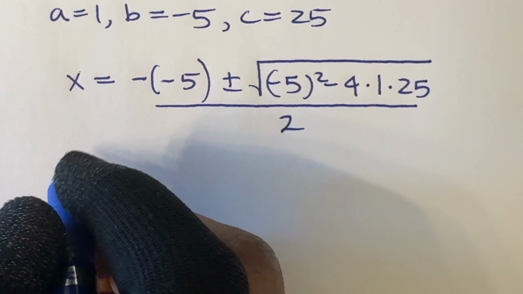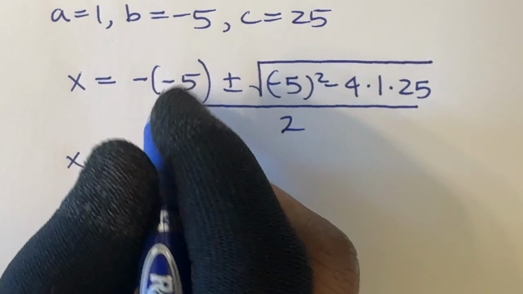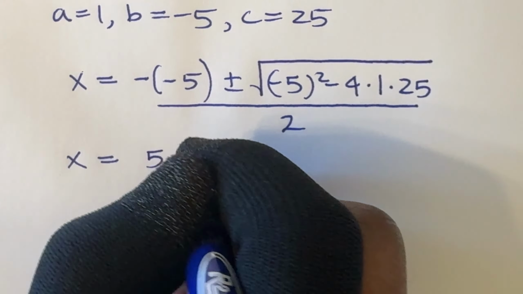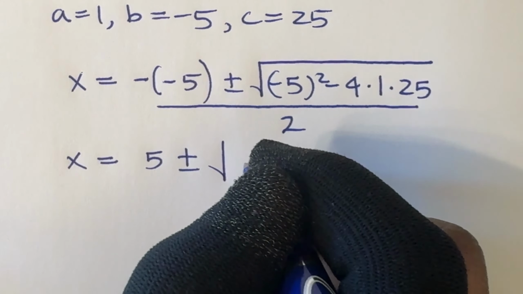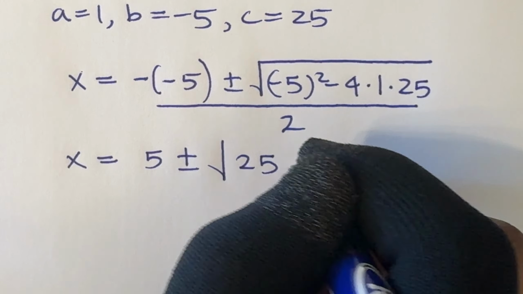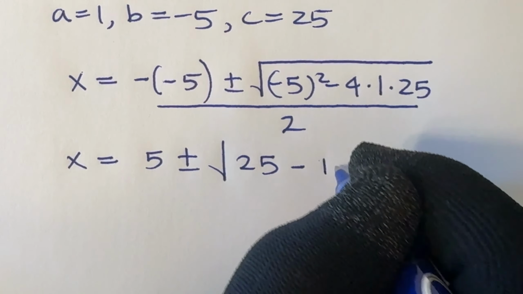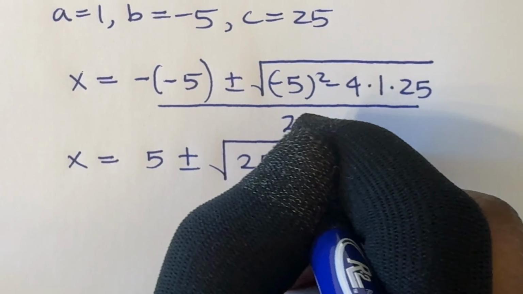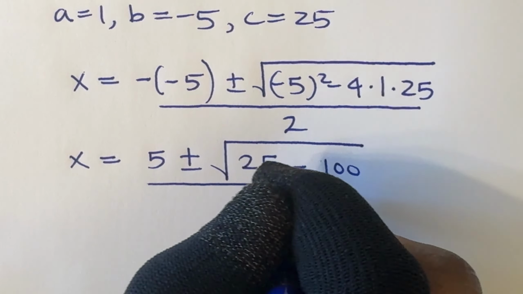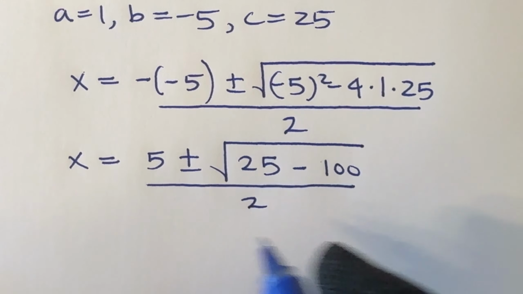So let's tidy this up. This gives us x is equal to 5 plus or minus the square root of 25 minus 100, then divided by 2.